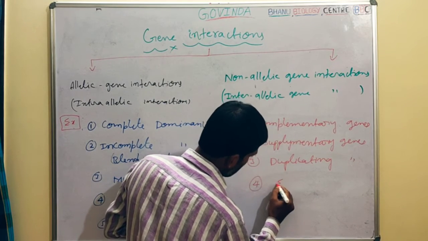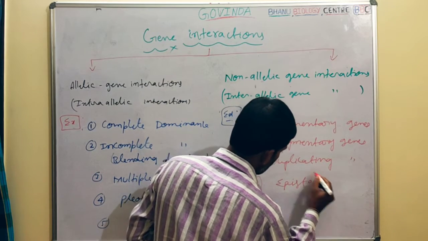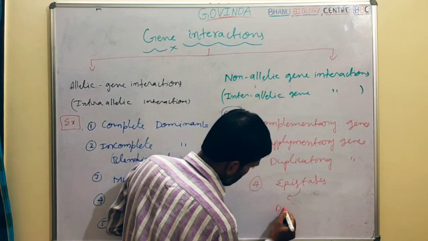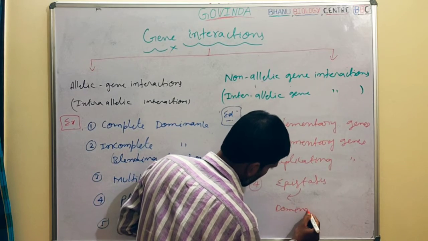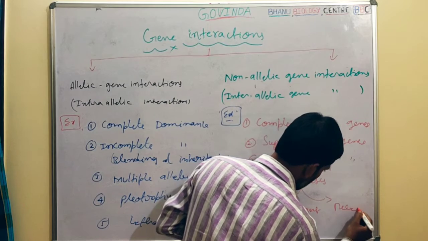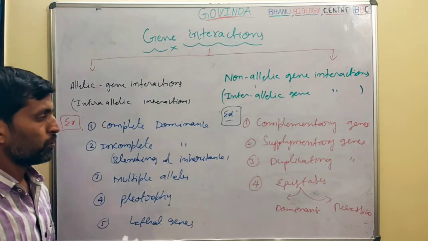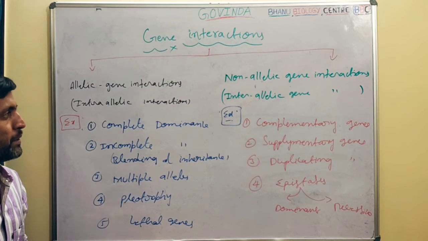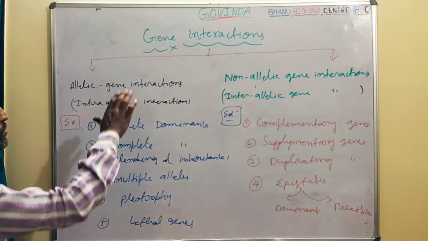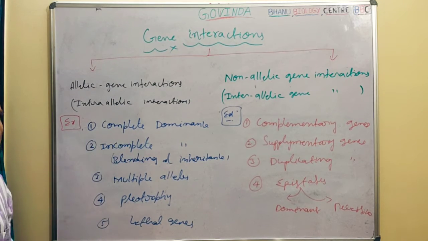The fourth one is epistasis, which may be dominant or recessive: dominant epistasis and recessive epistasis. So that is the meaning and types of gene interaction.